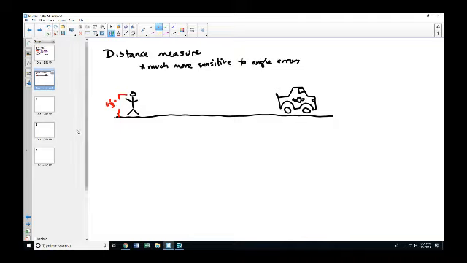So you take your height, and you have your handy-dandy clinometer in your pocket, just because you're a math nerd, and you measure the angle of depression. Here's where the car is, right on the ground. This is called an angle of depression.